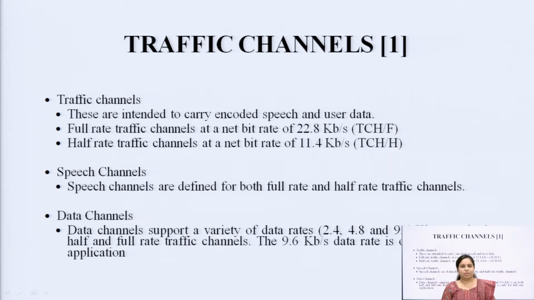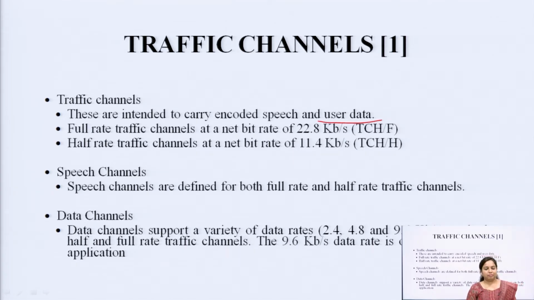Now, we are going to discuss each channel in detail that we have seen in that flow description. Traffic channels are intended to carry encoded speech and user data. The actual speech signal that you want to transmit, if you want to make a call, is known as traffic data.